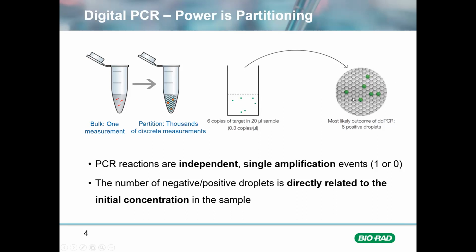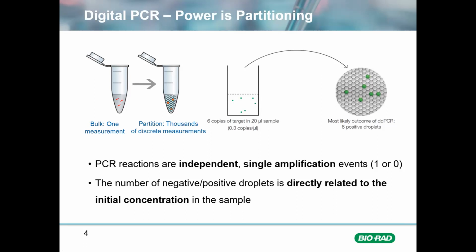Now, each droplet represents an independent single amplification event. So if it contains a molecule of interest, PCR is going to occur inside that droplet, and we are going to generate fluorescence. So that is going to be a highly fluorescent positive droplet, which we are going to call a 1.